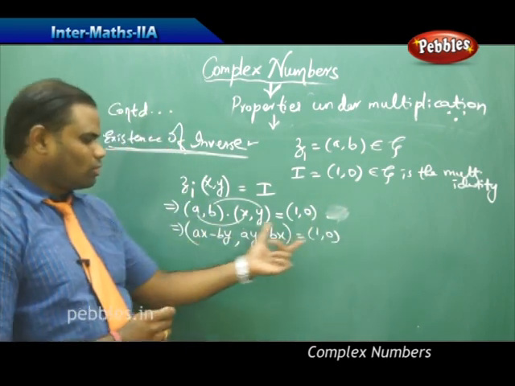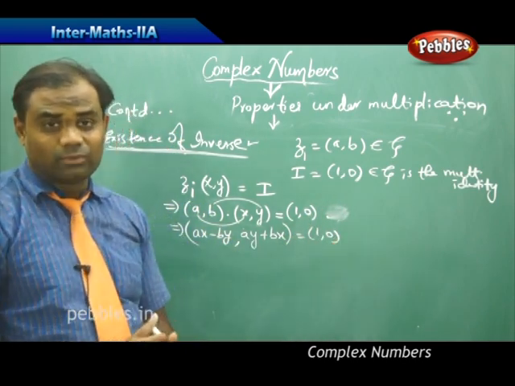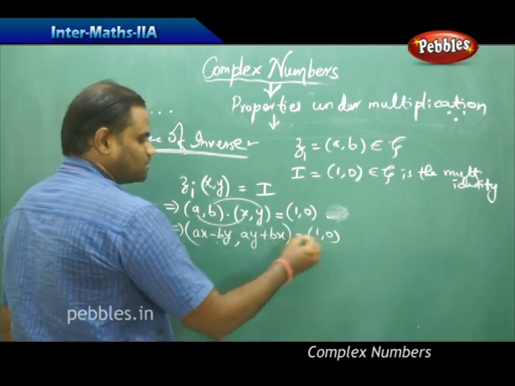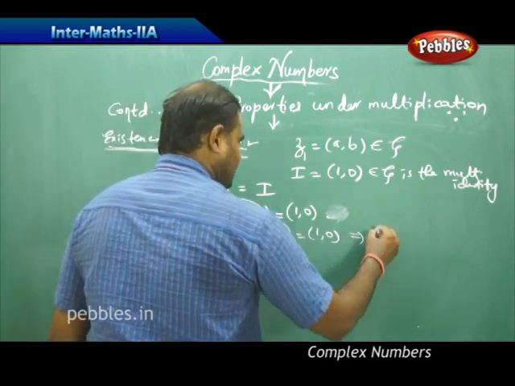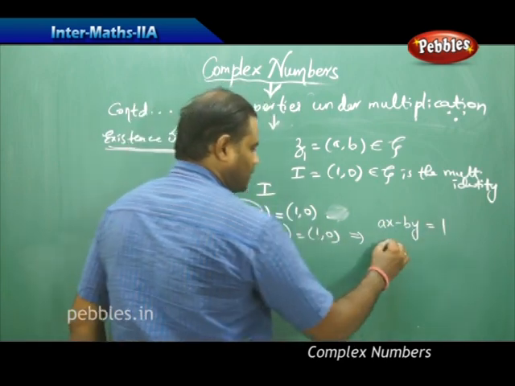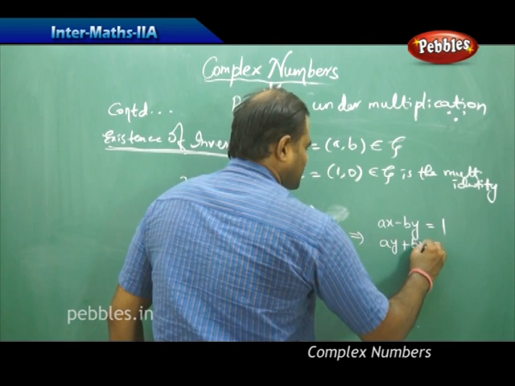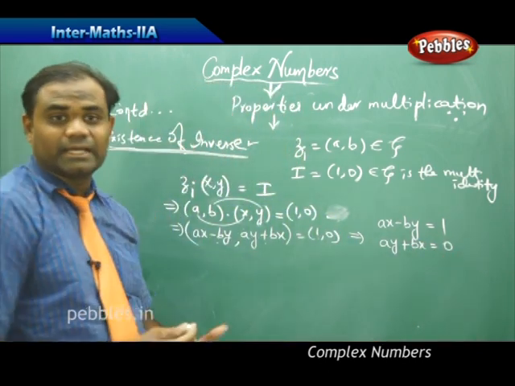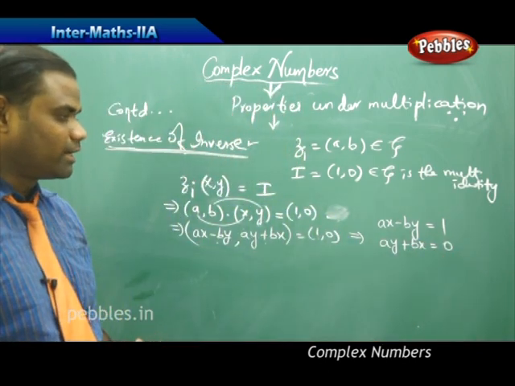Therefore, when two complex numbers are equal, then each of their components are respectively equal. That implies I get ax minus by equal to 1 and ay plus bx equal to 0, is what I get here. Now I want to find x.